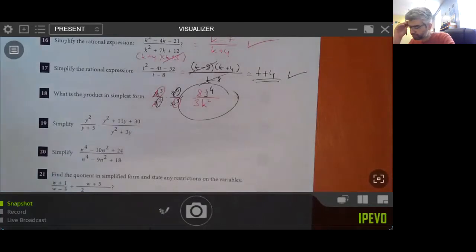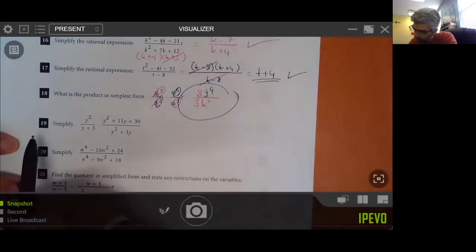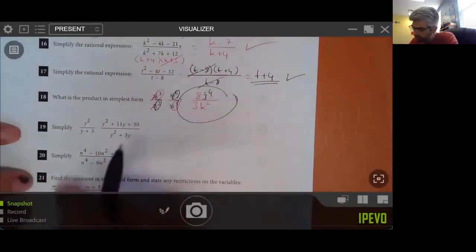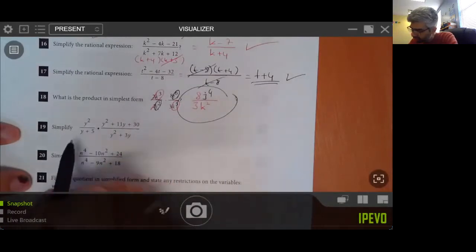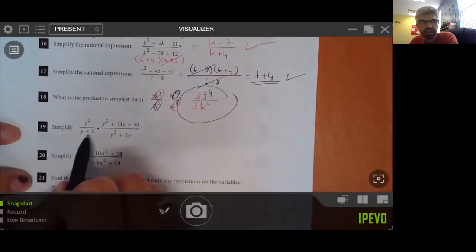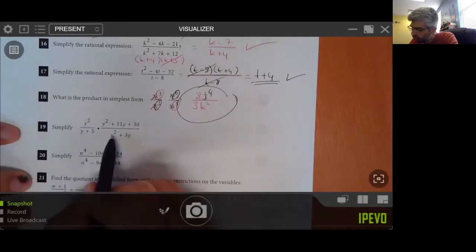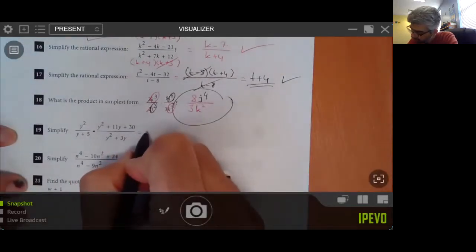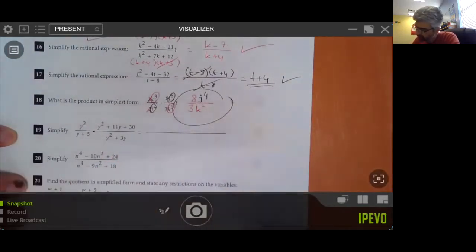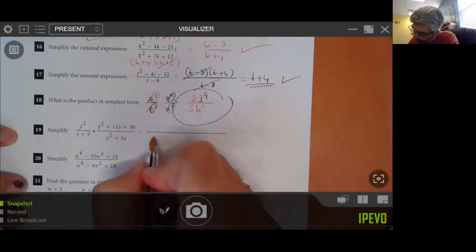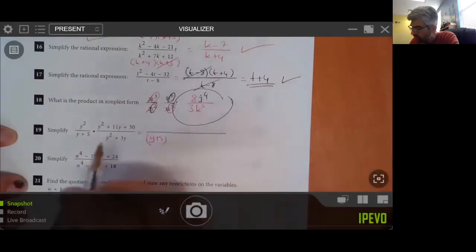Number 19, simplify. Okay, so it's multiplication. I see the y plus 5 is the factor here. y squared plus 3y. So let me write it again all together. So I have y plus 5 in the denominator.